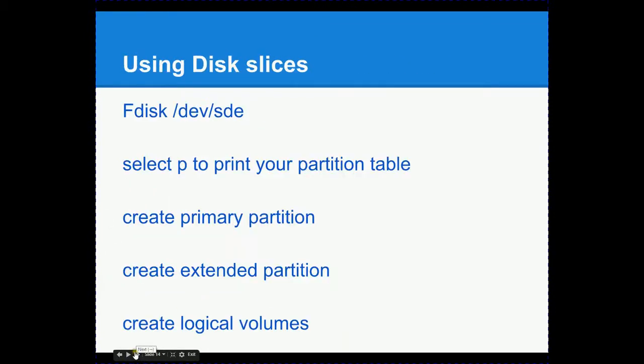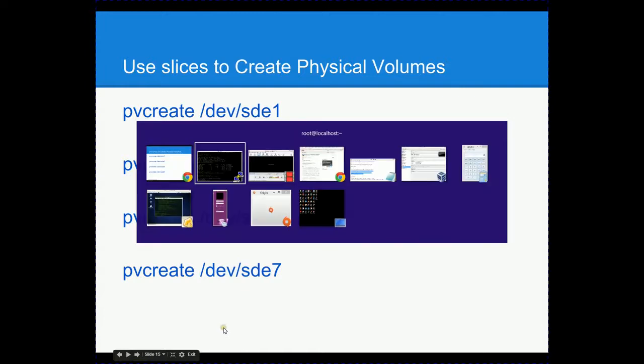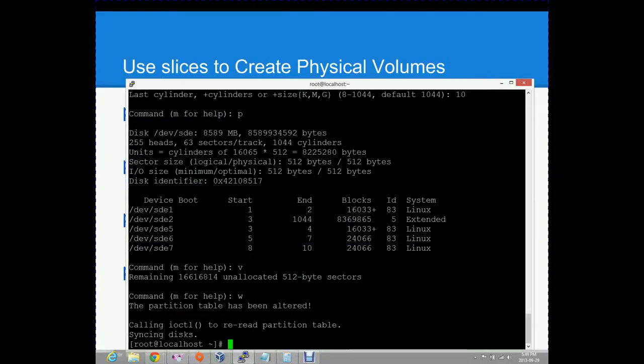Okay. So now we can go ahead and create the physical volumes out of the slices that we've created. So I'm going to try to do them all at one time. So physical volume create, let's see, /dev/sde1.